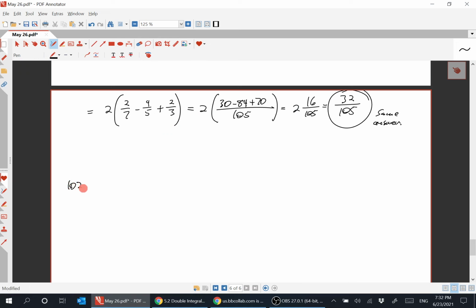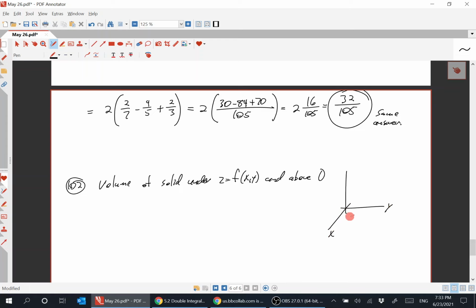So for 102, the volume of the solid under z equals f(x,y) and above D. Here's x and here's y, here's the D. As long as f(x,y) is positive, this makes sense; otherwise, it doesn't quite.